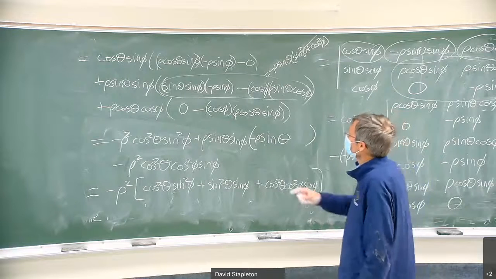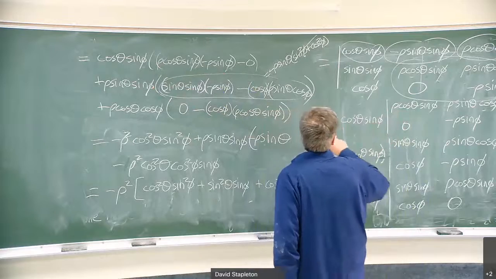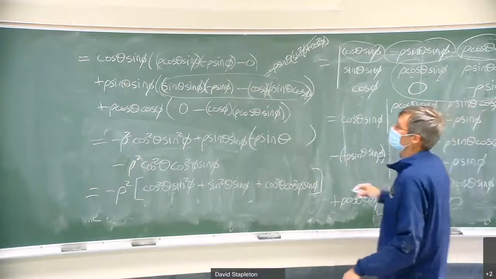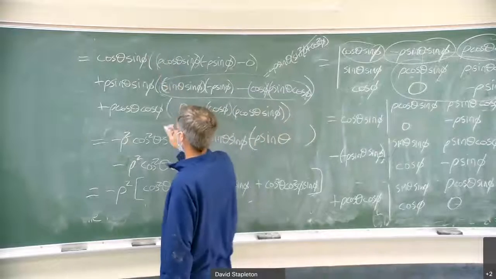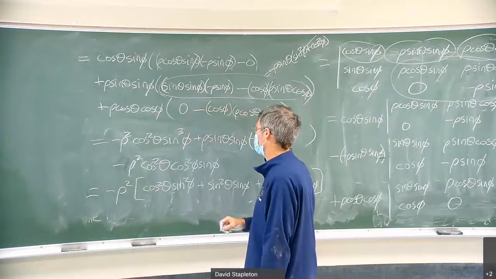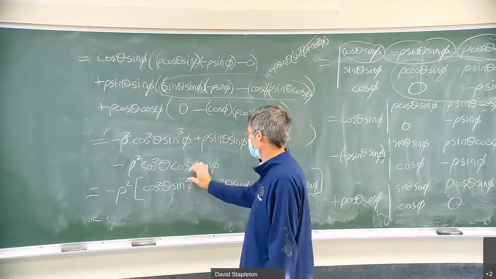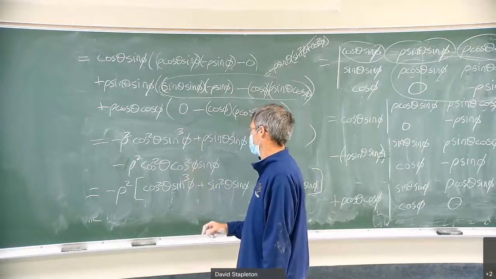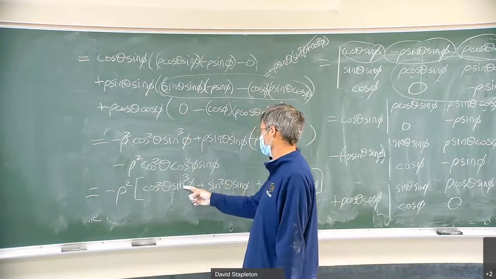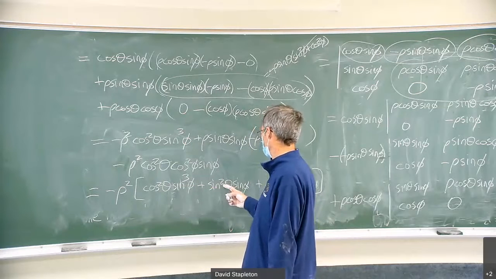It's like I'm missing a sine phi here. It looks like I've got sine phi cubed there. Want to make sure I got this right. Yeah, sine phi cubed. This one. Okay, and now that's sine cubed here. Now this one plus this one is sine squared plus cosine squared.